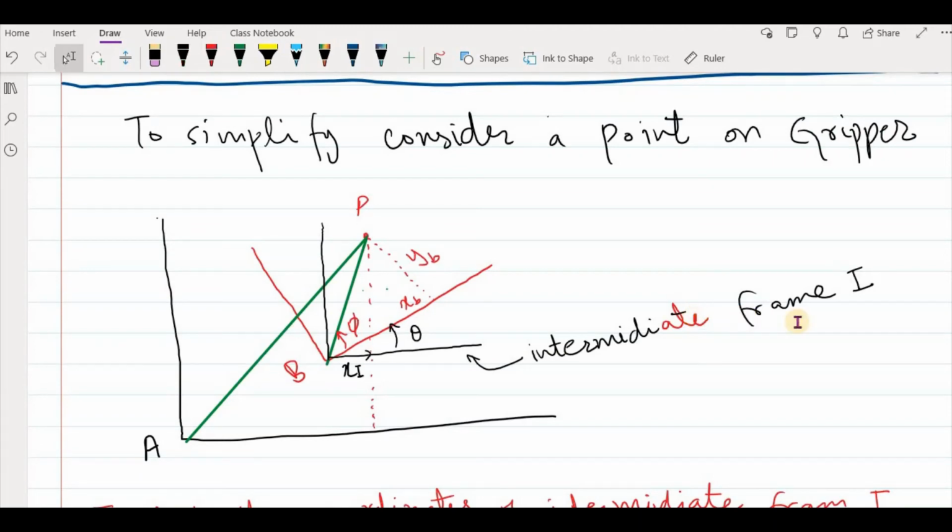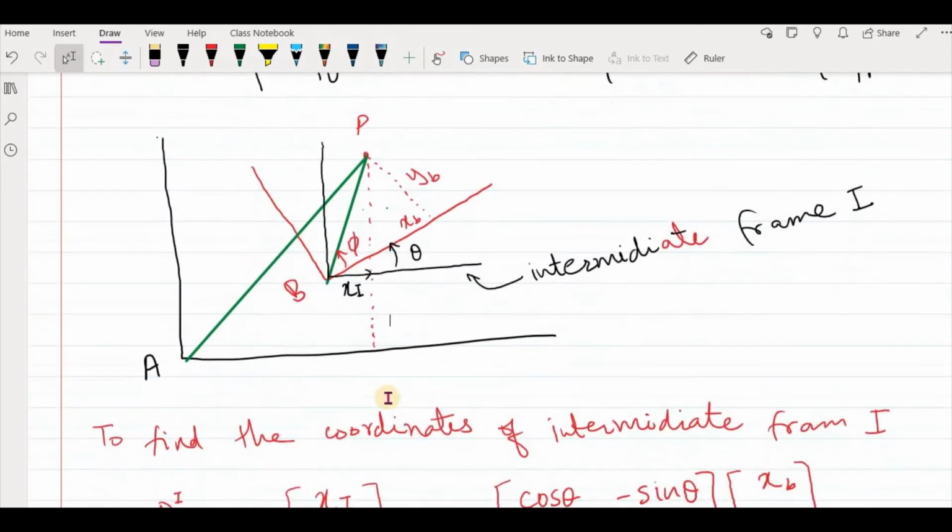Now we know that this frame is translated by a specific distance, delta x and delta y, with respect to the origin of frame A. This distance, the height, is delta y, and this length from here to here is delta x.